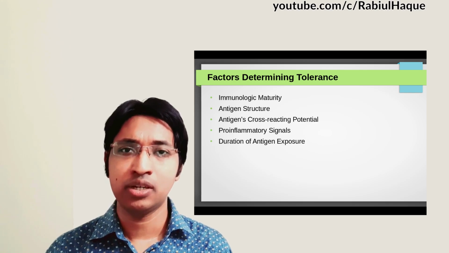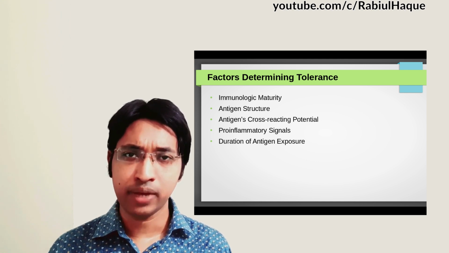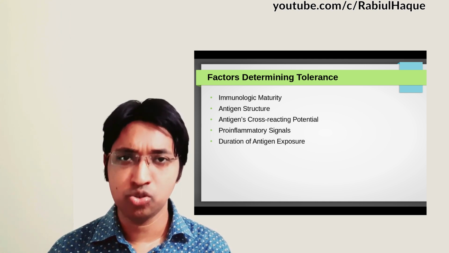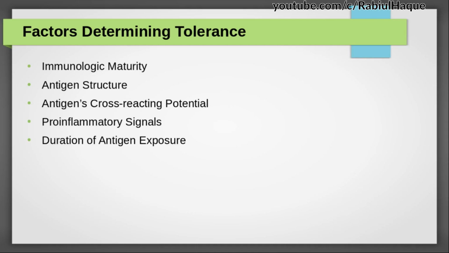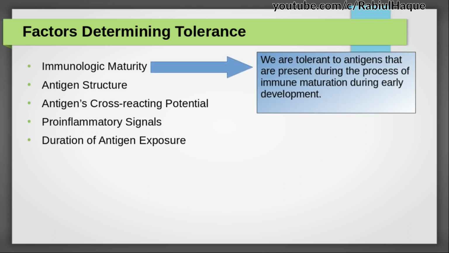So now that we have defined immunologic tolerance, let's move on and talk about the factors that determine immunologic tolerance in our body. They will include immunologic maturity, antigen structure, antigens cross-reacting potential, pro-inflammatory signals, duration of antigen exposure, etc. Regarding immunologic maturity, always remember we are tolerant to those antigens that were present during the process of immune maturation that occurred during early development.